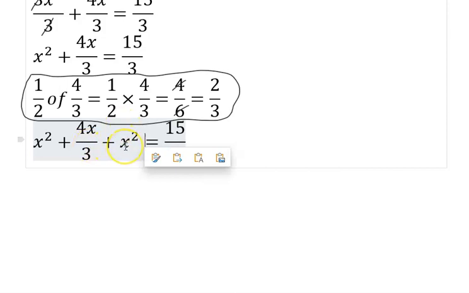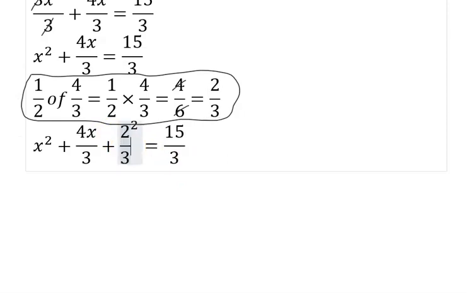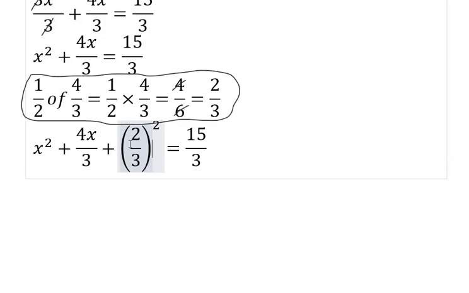Half of 4/3, which is 2/3, we can now come here and put our 2/3. Awesome. So we square it. Half of 4/3 is 2/3. We have squared it. So we now add it to both sides.